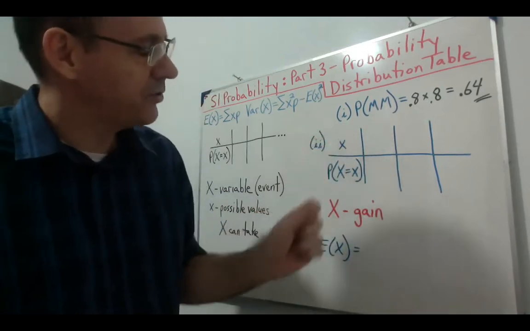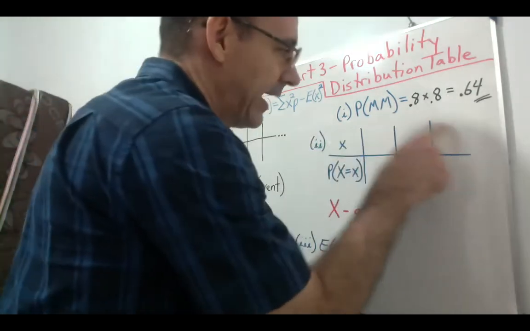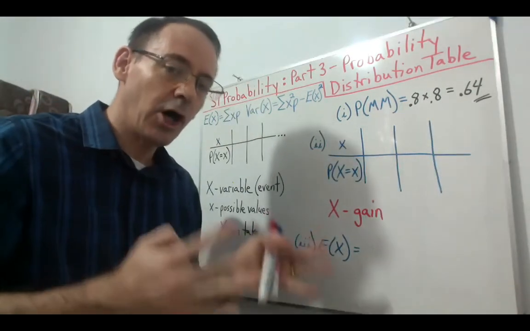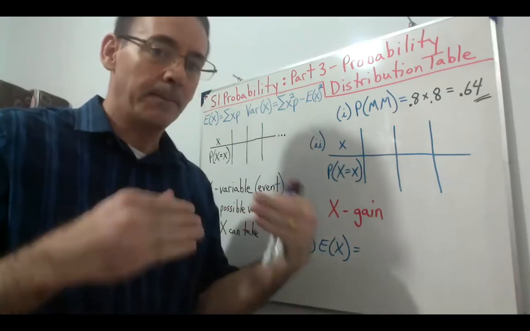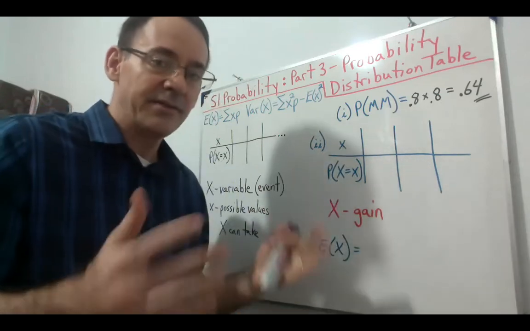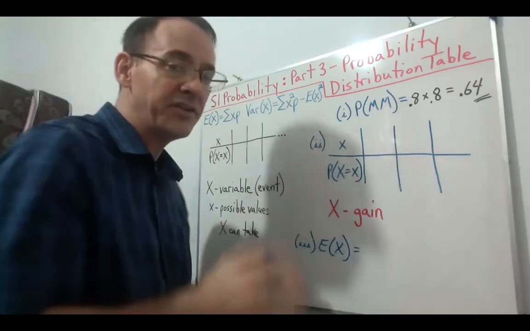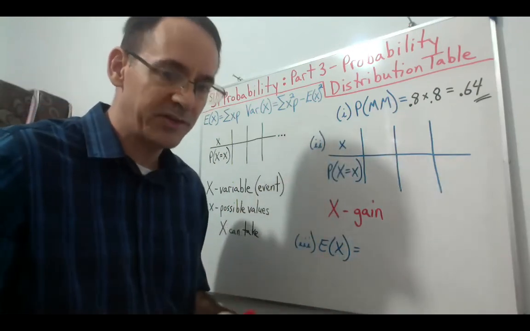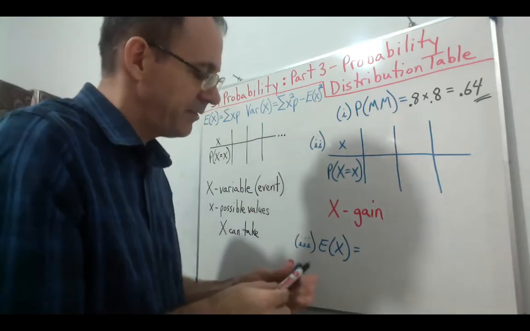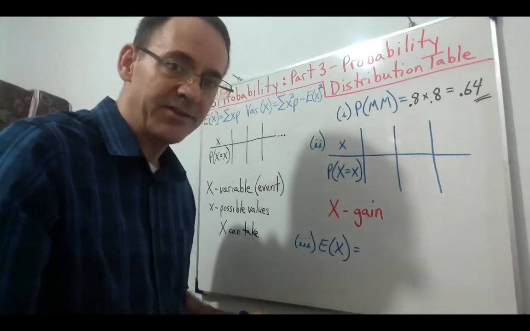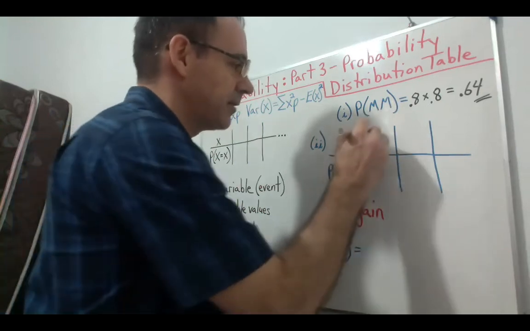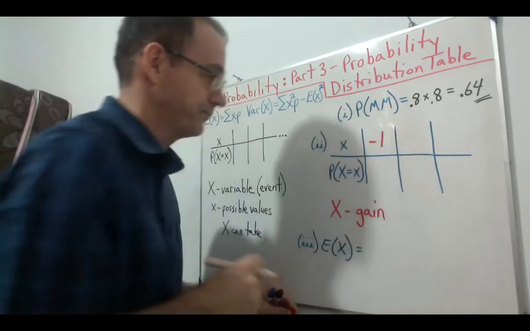So what we want to do is we want to, in the little x, list all the possible money outcomes that can happen. So we see that if she misses the bell on both attempts, the money outcome ends up being she loses the dollar. So it's a -1.